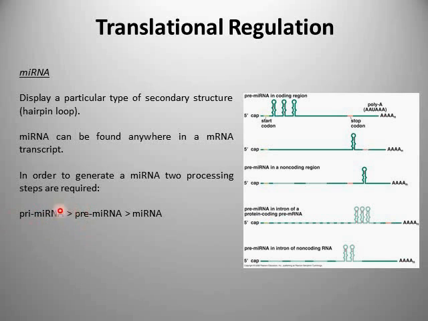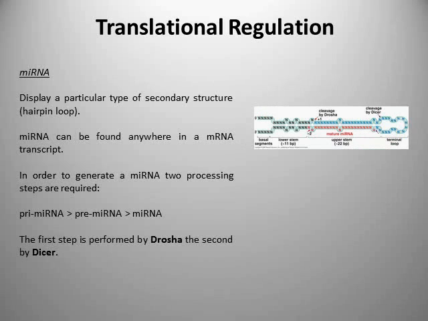And you require a processing event to convert this into a pre-microRNA, which effectively severs this stem loop from the RNA transcript and frees it up. Once you've severed the stem loop and freed it from the rest of the transcript, there's then a second processing event that converts this stem loop structure into this 22 nucleotide double-stranded microRNA structure.